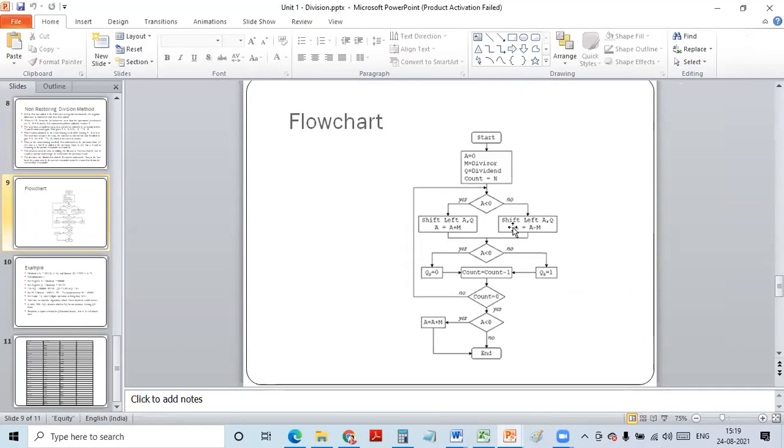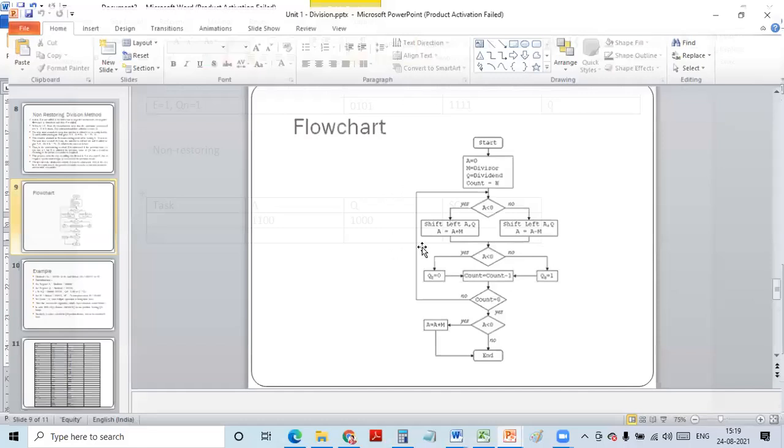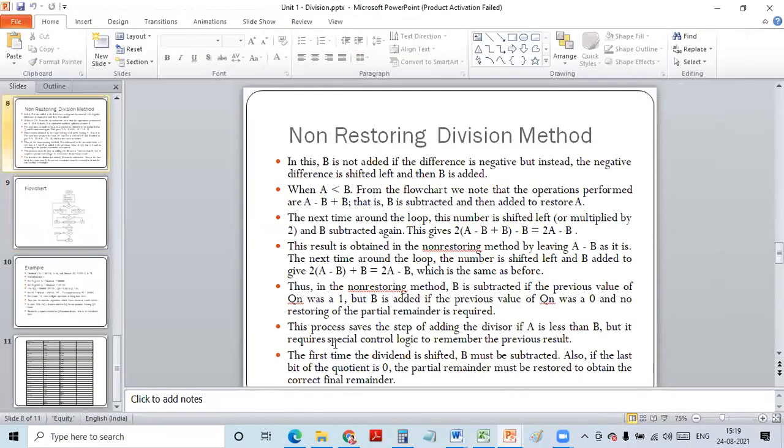So you have to perform the shift left operation, and then you need to either add or subtract. But the first time you have to subtract. That was the algorithm.